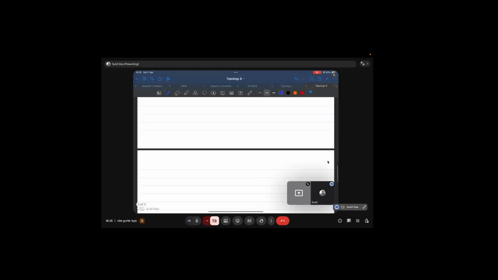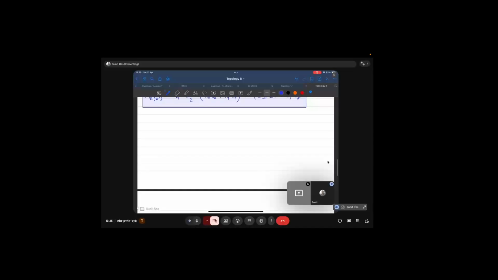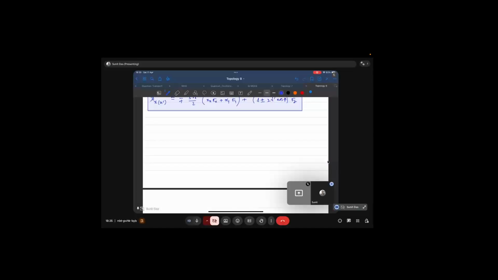Okay, so with this low energy Hamiltonian, you can calculate the Berry curvature. Remember our goal. We are trying to understand, is there any quantized Hall effect in the system? Anomalous Hall effect rather.